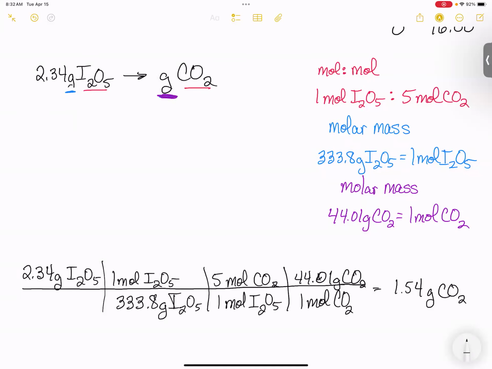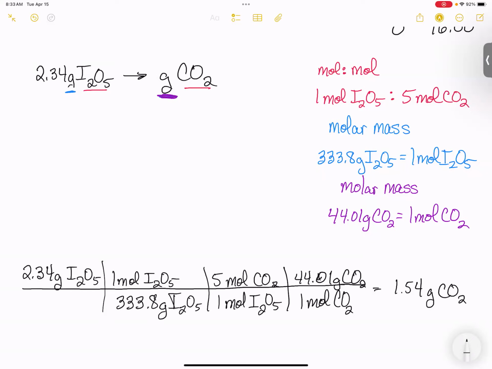But ultimately, we were asked for grams of CO2, and therefore the next conversion factor I needed had to have grams of CO2 in it. So that's when I used the molar mass. From the molar mass, I put the 1 mole of CO2 in the denominator so that the unit and the substance would cancel, leaving grams of CO2 in the numerator. And then when you completed the calculation, you should have got 1.54 grams of CO2. And that is to the correct number of significant digits.